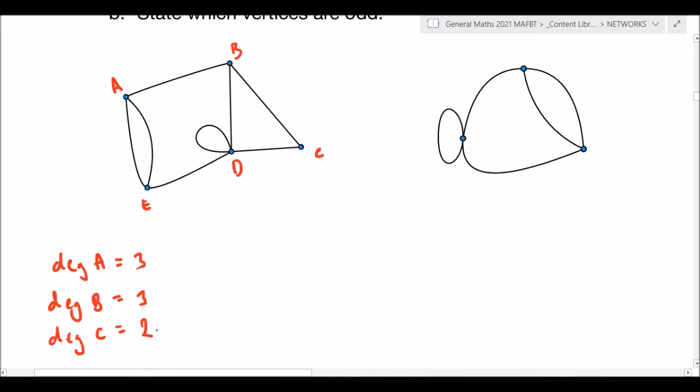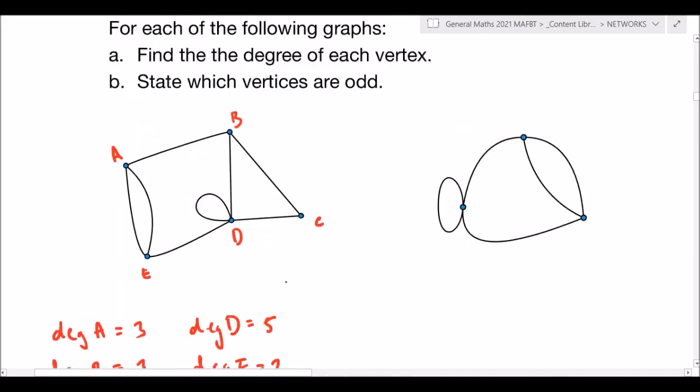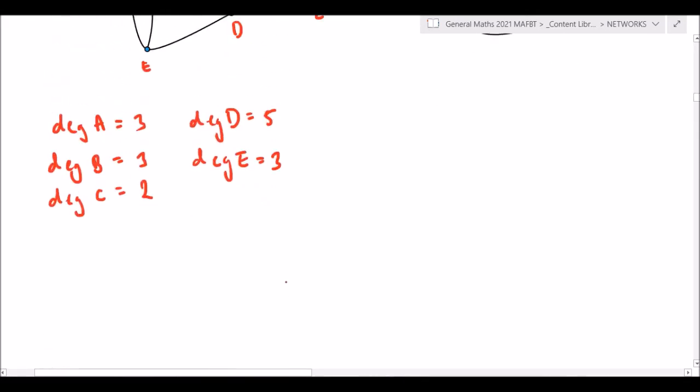The degree for D is going to be 1, 2, 3, 4, and then 5, because the loops count for 2 degrees. So there's 5 degrees for D, and the degree for E is going to be 1, 2, 3. Pretty straightforward. In terms of which vertices are odd, vertex A, vertex B, vertex D, and vertex E are odd vertices.